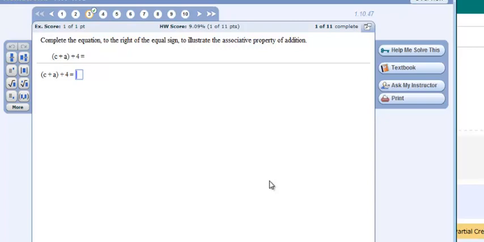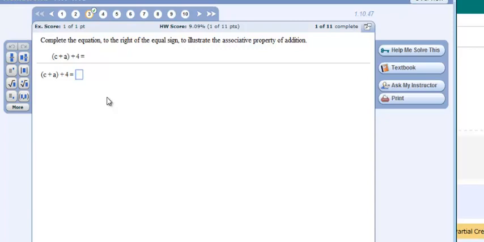The associative property is dealing with associating. So this is just changing the groupings, remember? So we have in parentheses c plus a and outside the parentheses plus 4. So over here it just wants us to show the associative property of addition. And that just means we're changing our grouping. So we're moving our parentheses around.